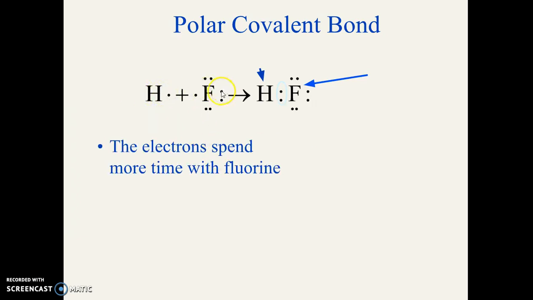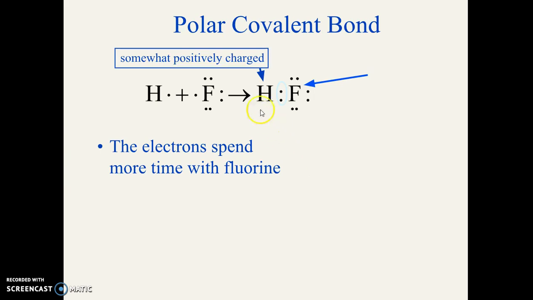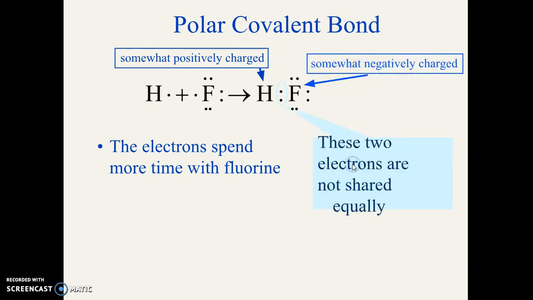hydrogen combining with fluorine, so it's going to share this pair to make everybody happy, but fluorine takes the electrons a little bit more. It's more electronegative. It's stronger. It has more pull. So that leaves the hydrogen somewhat positive, and the fluorine is now somewhat negative, which is why you might see a slightly positive, slightly negative. These 2 electrons are not shared equally.